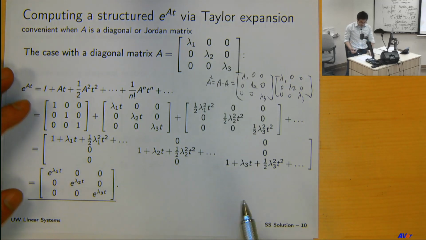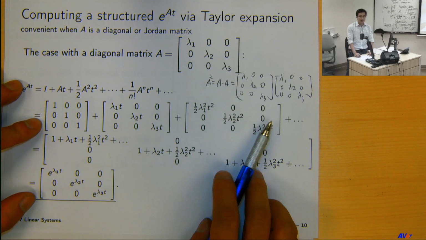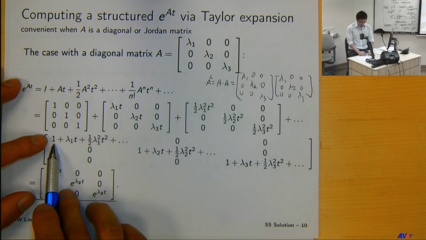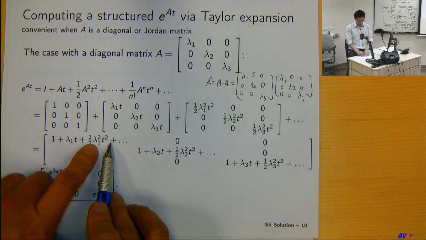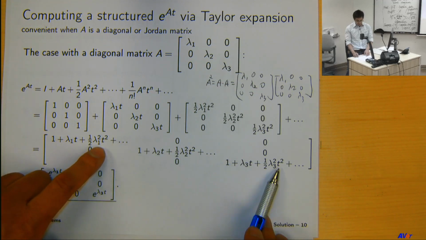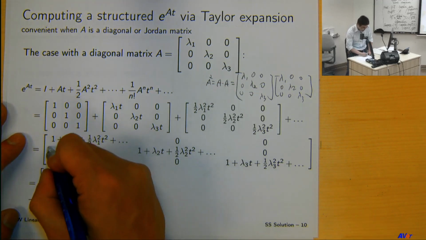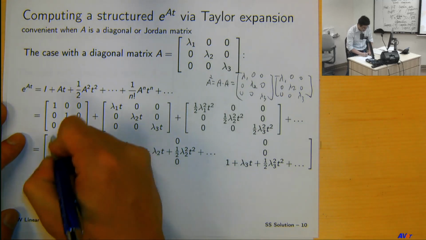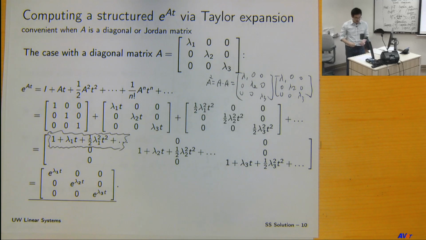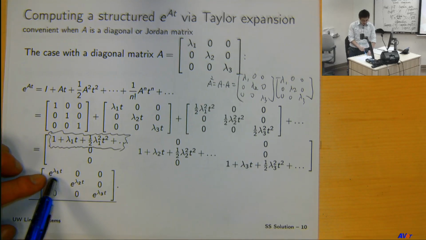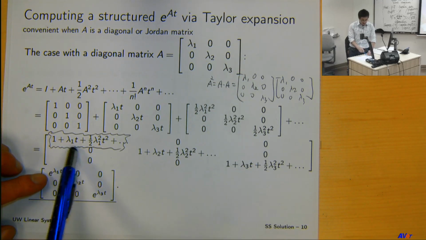You can add these elements together and get 1 plus lambda 1t plus half of lambda 1 squared t squared, etc. And we can immediately recognize this part: it's exactly the Taylor expansion of e to the lambda 1t.